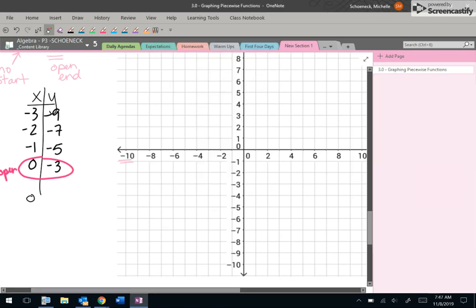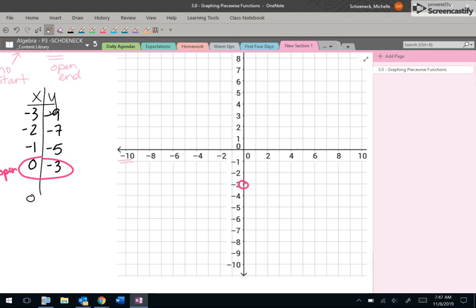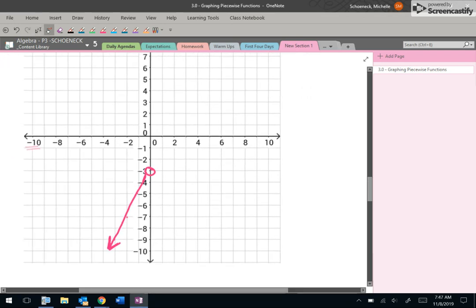Remember, an open circle at 0, -3. And then all the rest are just regular points. So -3, -9 is down here. -2, -7. -1, -5. And we're going to go ahead and connect. And since there is no start, we're going to have an arrow on this one. All right, that's our first equation.